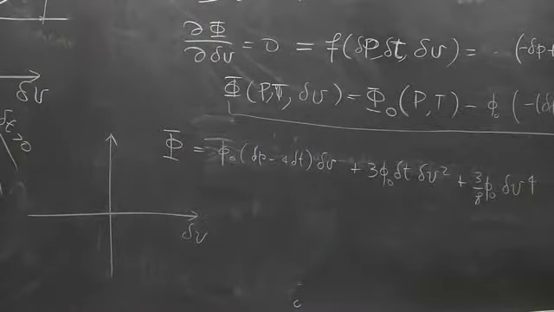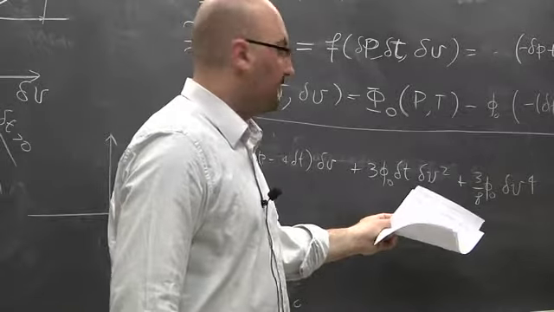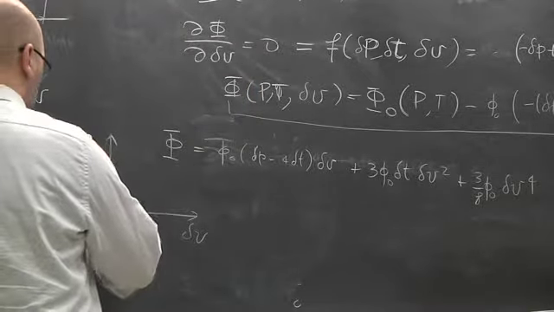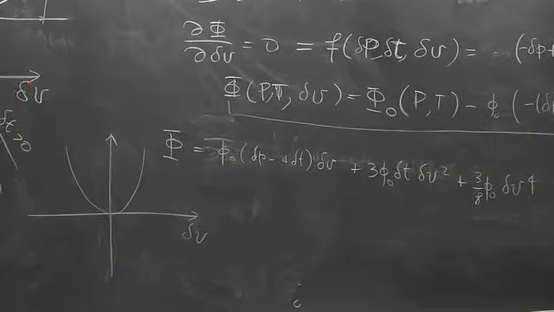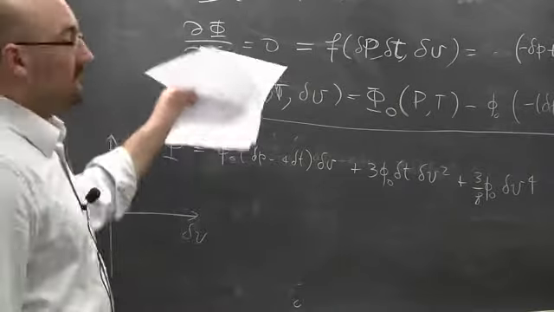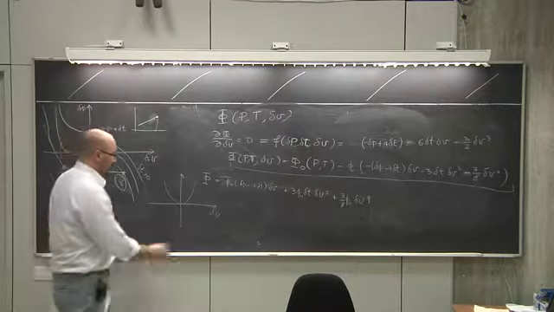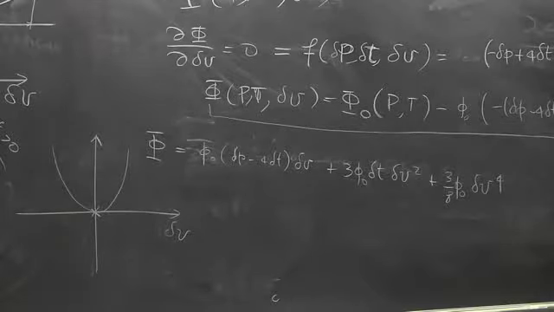If delta t is positive, then this function looks like a parabola in the origin, like this. And we say that we have to minimize this function. And the minimum of this function is at delta v equal to 0.